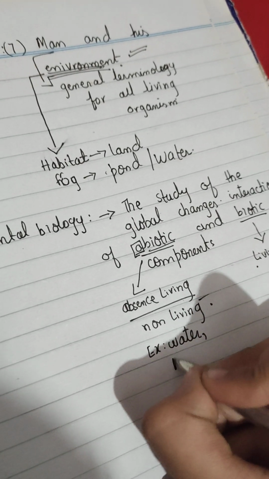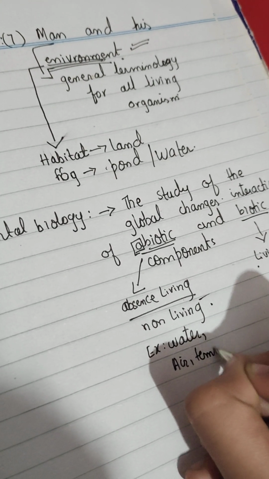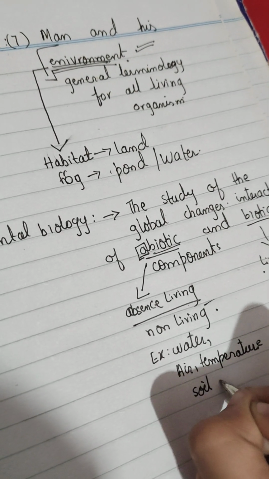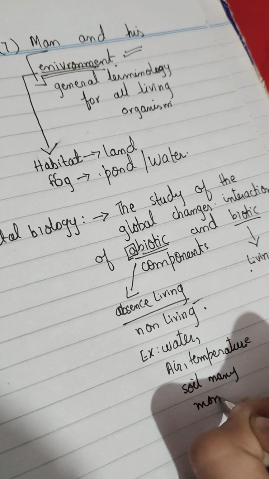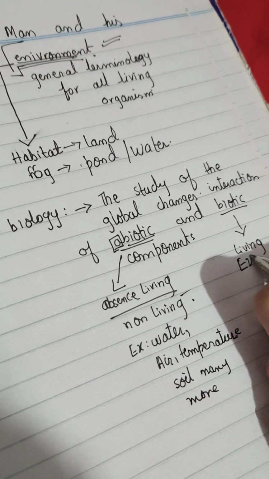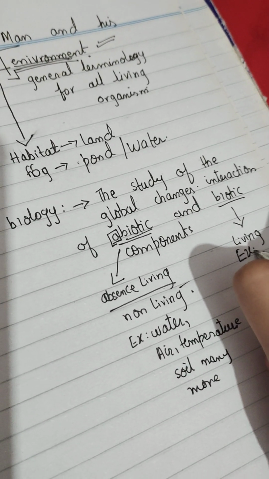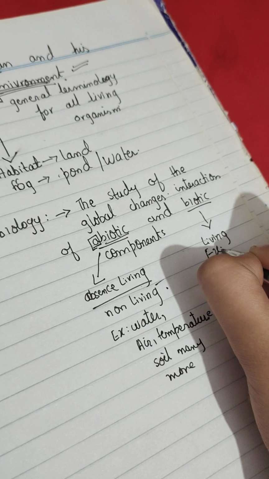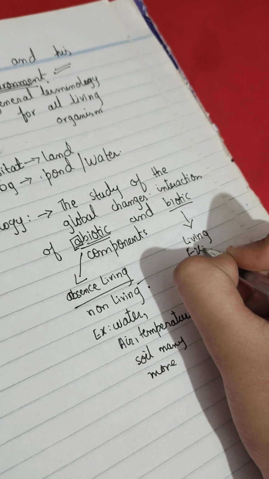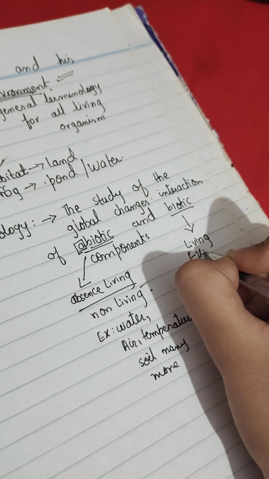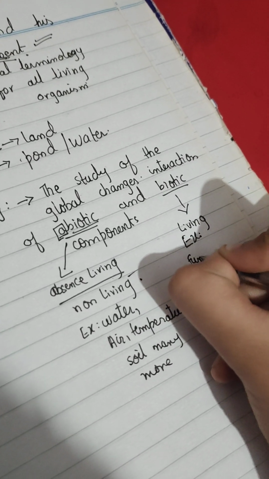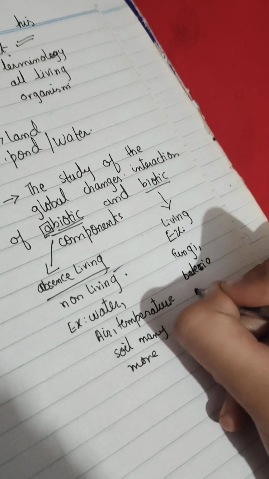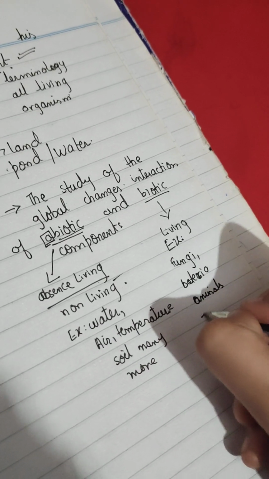We'll see later how temperature, soil, and many more matter. If we talk about the biotic components, that includes, for example, us human beings, animals, fungi, bacteria, and many more.